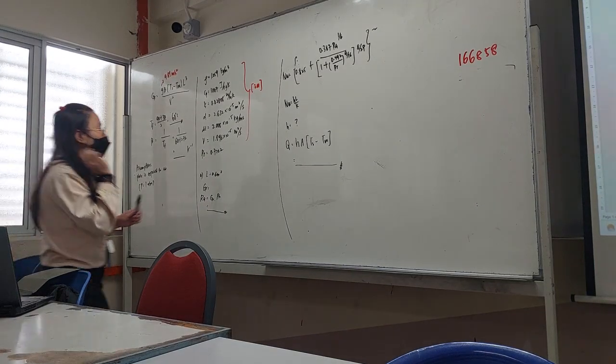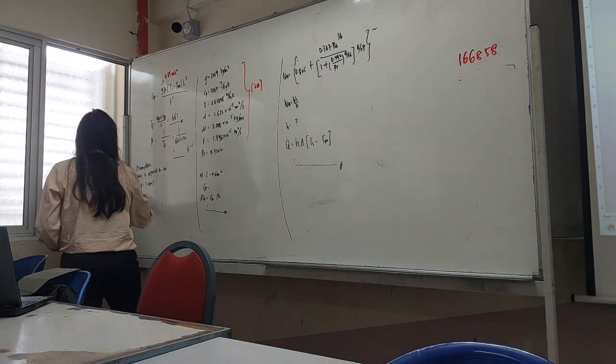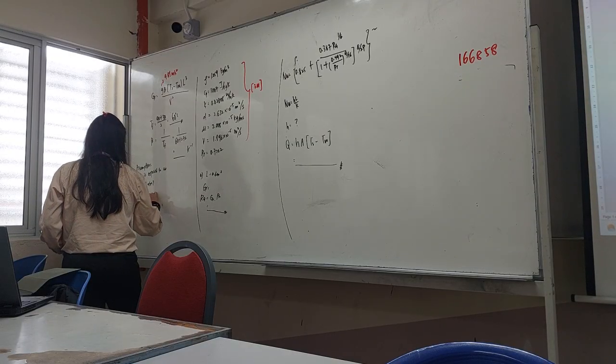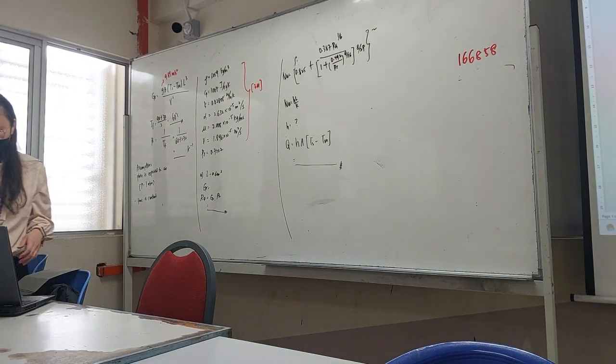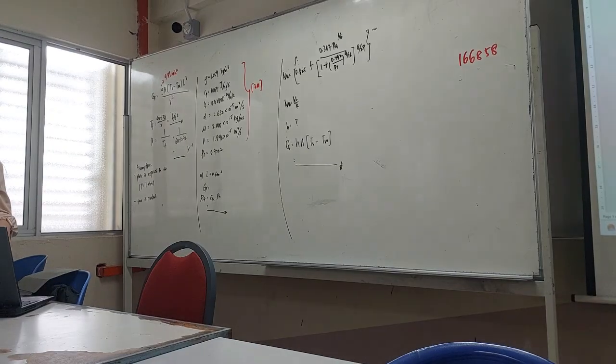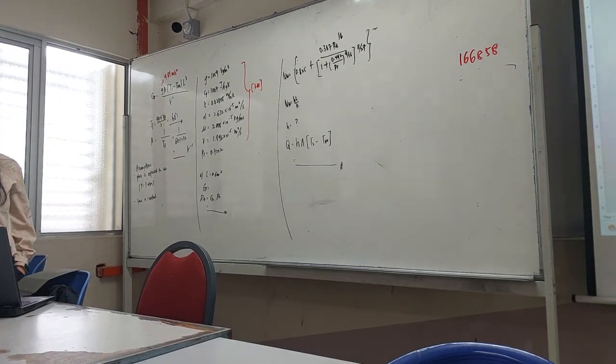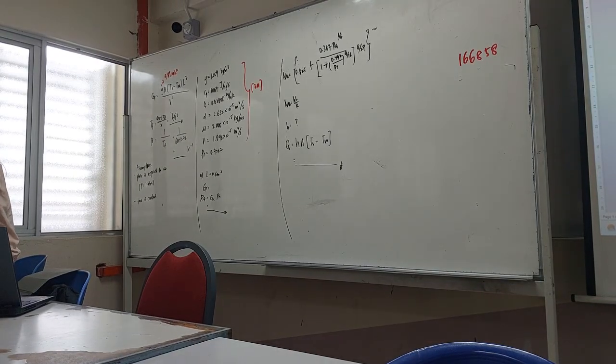If they ask you to calculate the rate, the time is constant. Let's say you look at the question, and the h value is given, so normally they use the simplest calculation method.